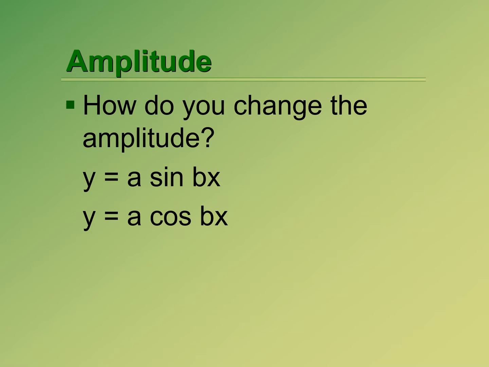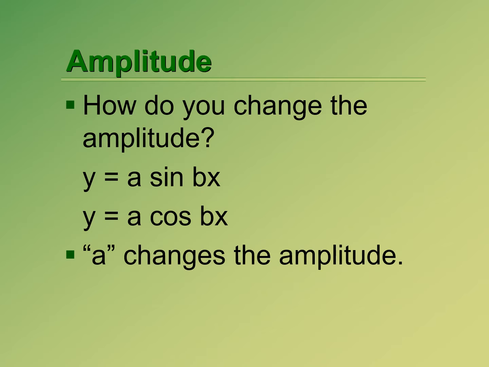Okay, so what changes the amplitude? You'll notice that in the general form of our trig functions, y equals a sine bx or y equals a cosine bx, we need to know which one is going to change the amplitude. Is it a or b? If you look at a few different functions, you'll notice that when you change a, it changes the height of our wave.